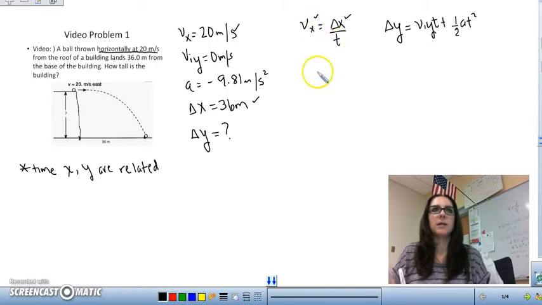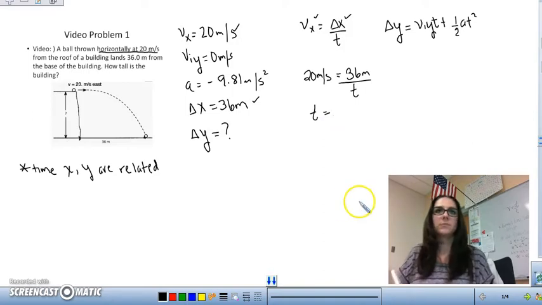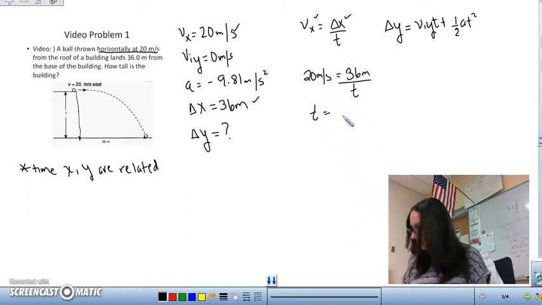Okay, so let's go ahead and do this. That means that this will be 20 meters per second equals delta x, which is 36 meters, divided by t. I'm sorry, t will be 36 divided by 20.